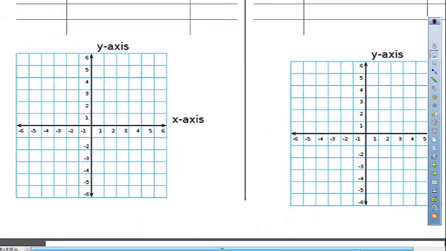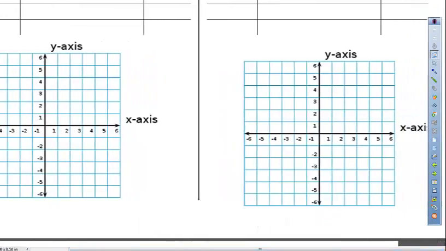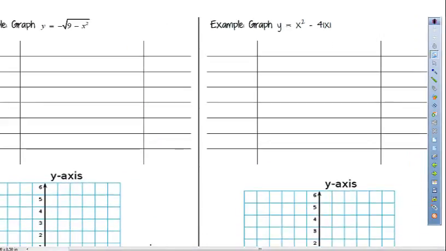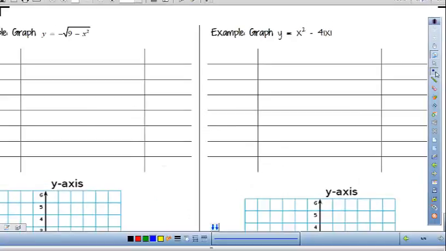Okay, if we look at the other one, we've got y equals x squared minus 4 absolute value of x. So we might pick points starting at 0, kind of in the center, and we might look at 0, negative 1, negative 2, maybe negative 3.